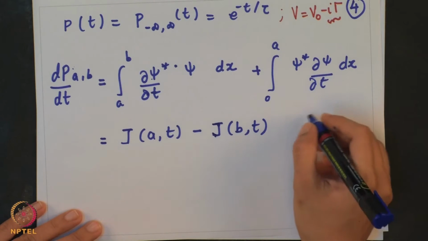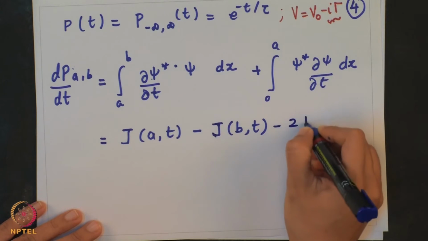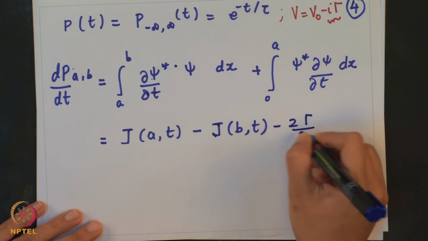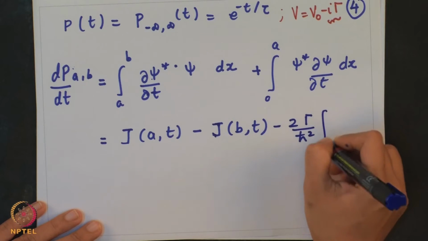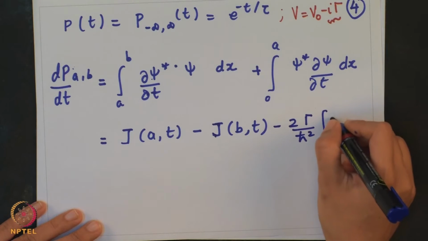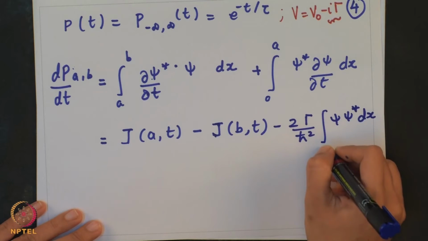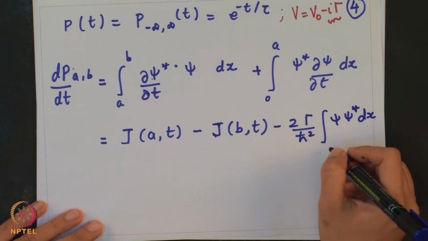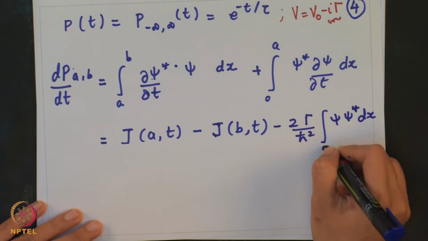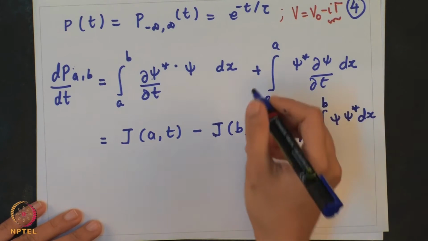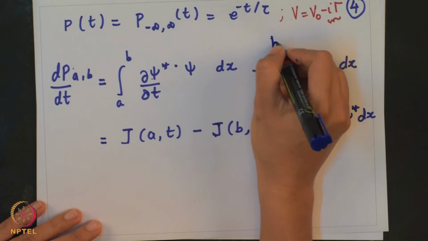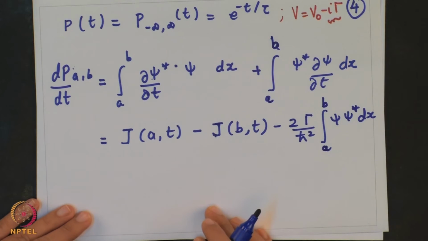So, I will have an additional term. What is that additional term? So, this step you will have to work out. In between psi star dx, okay, and between the limits a to b, let me correct this also, a to b, okay.